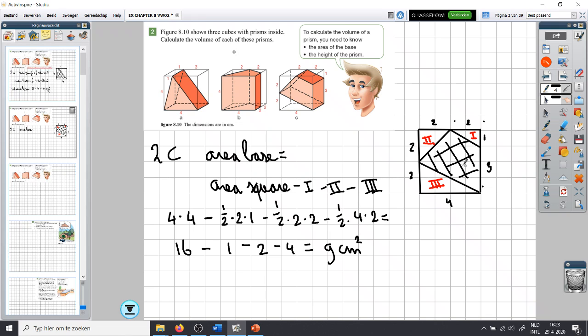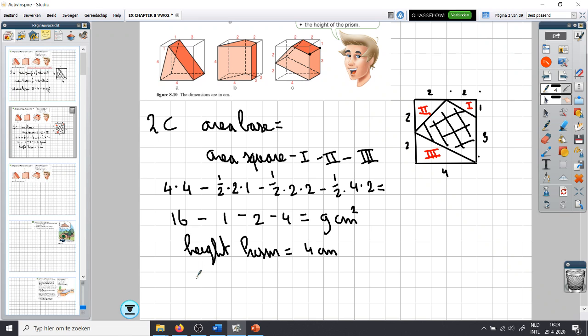That's the area of the base. The height of the prism is again the distance between this and this. So that's going to be 4 centimeters again.